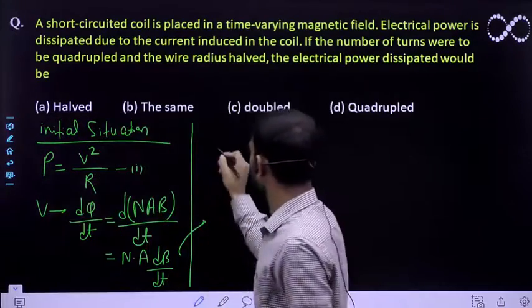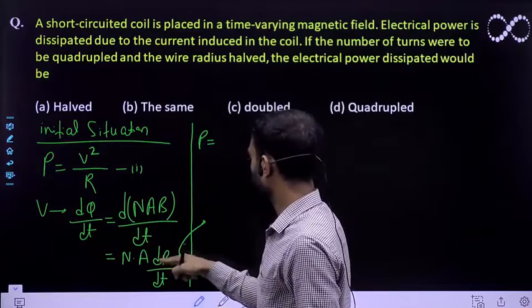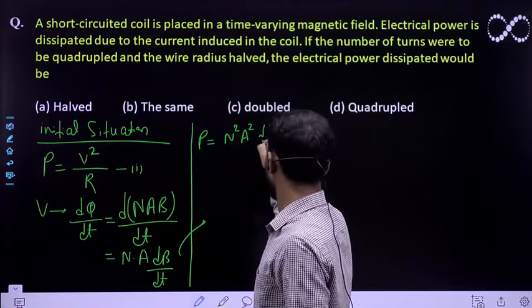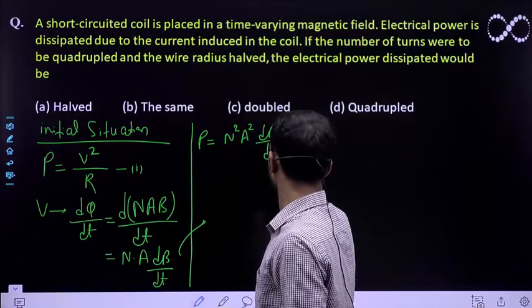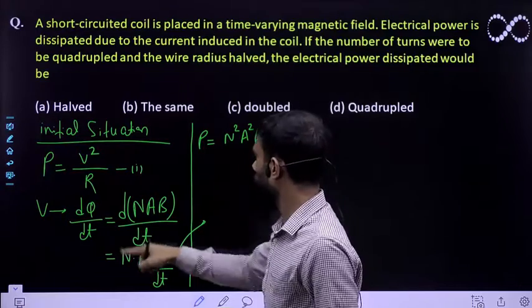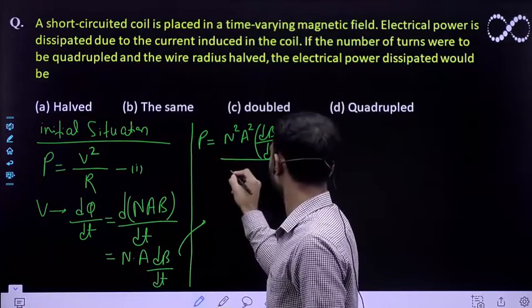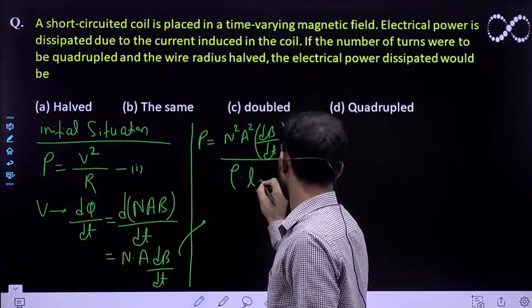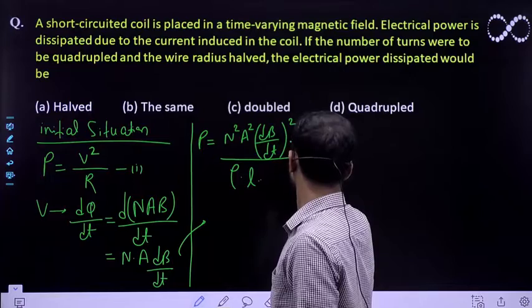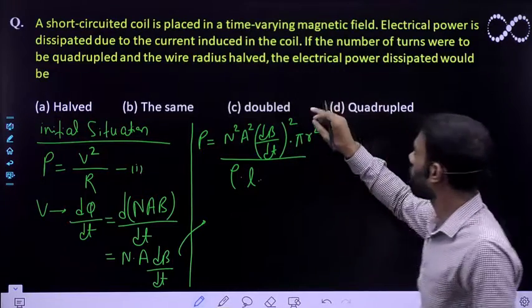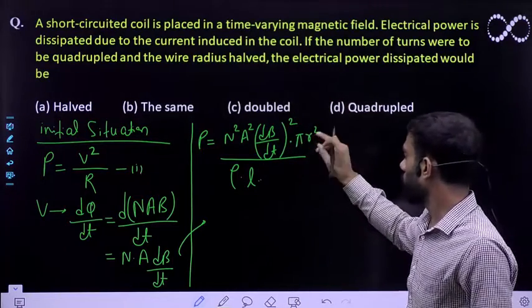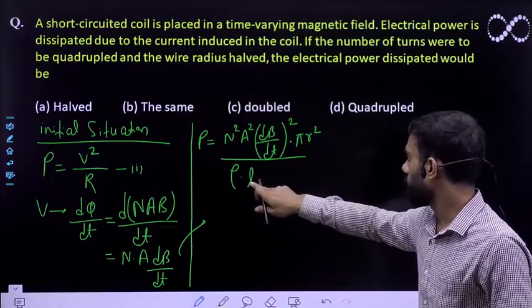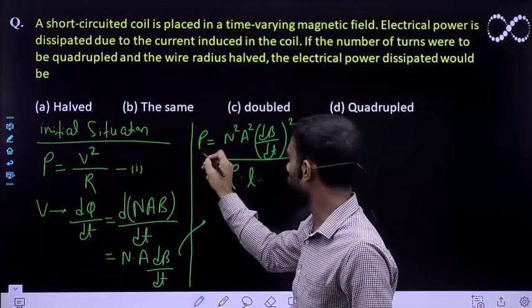So P is equal to V squared, so this will become N squared A squared (dB upon dt) squared, upon R, and R you can write as resistivity into L upon pi r squared, where r is the radius of the wire, so pi r squared is the area of cross section of the wire, and L is the length of the wire. So this is the initial power.